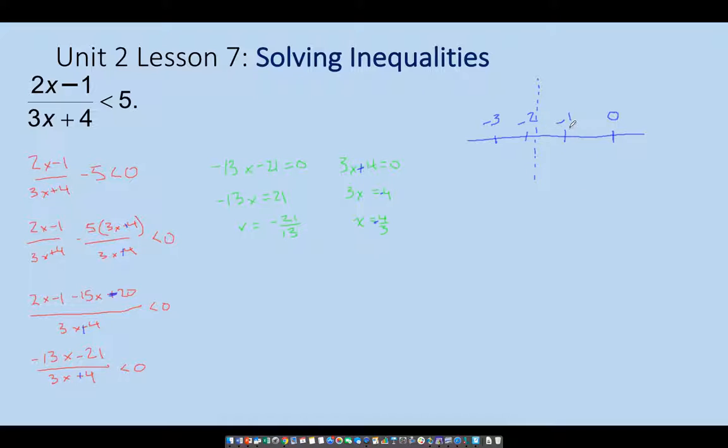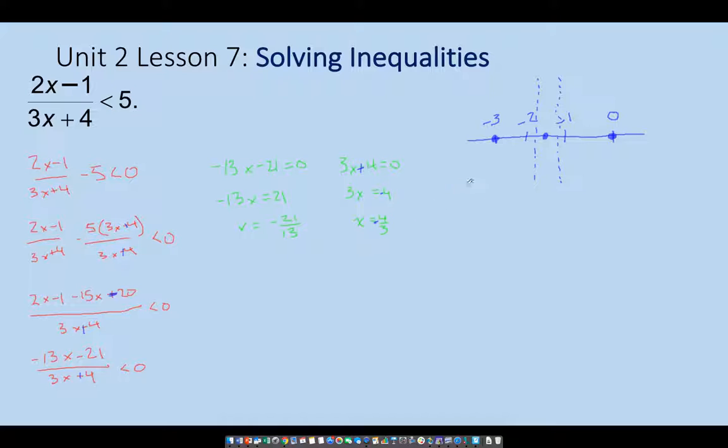And negative 4/3, that would just be a touch over negative 1. So here are my intervals. I want to pick convenient numbers for myself. So let's go with negative 3. Let's go with negative 1.5. There's nothing really good there. And of course, let's pick 0.